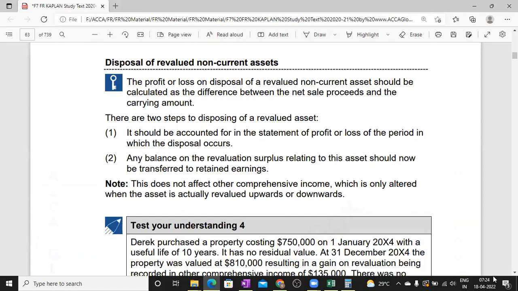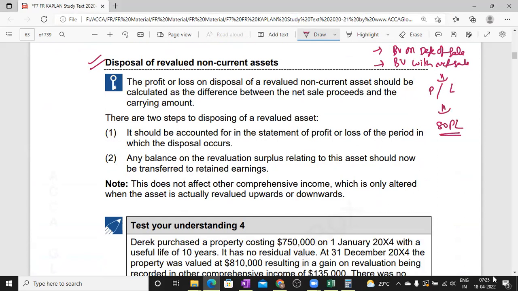Next, disposal. Coming to the disposal or sale of an asset, first calculate the book value on the date of sale or disposal. Then compare that book value with net sales, and the difference, if any, is a profit or loss, which is transferred to the statement of profit and loss.